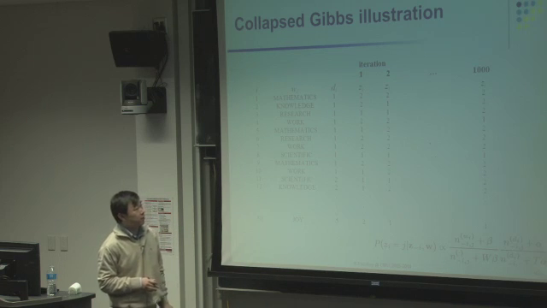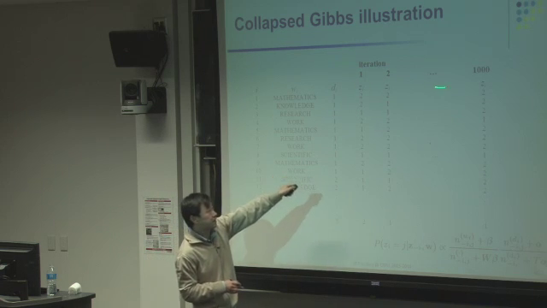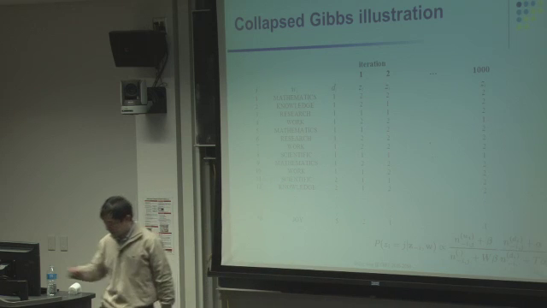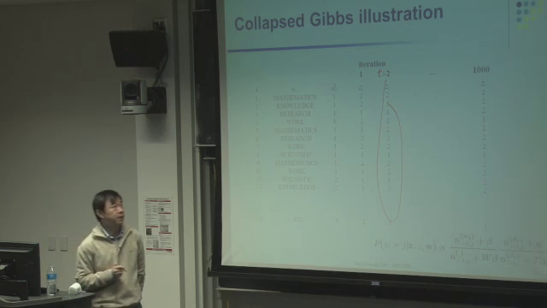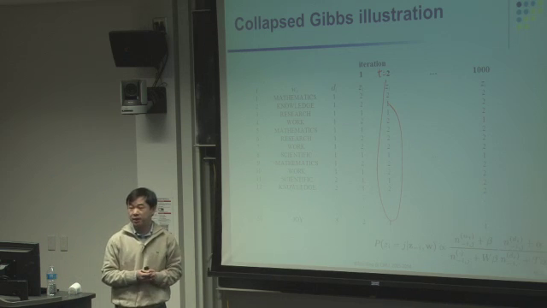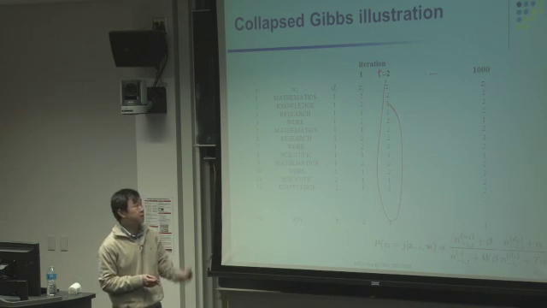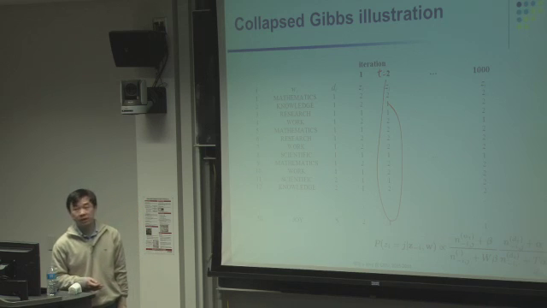So at the end of the day, you are going to have a lot of such z samples. This entire slide at time t equals 2 or 3 is basically an iteration, a sample, and this is the collapsed Gibbs sampling of topic model.